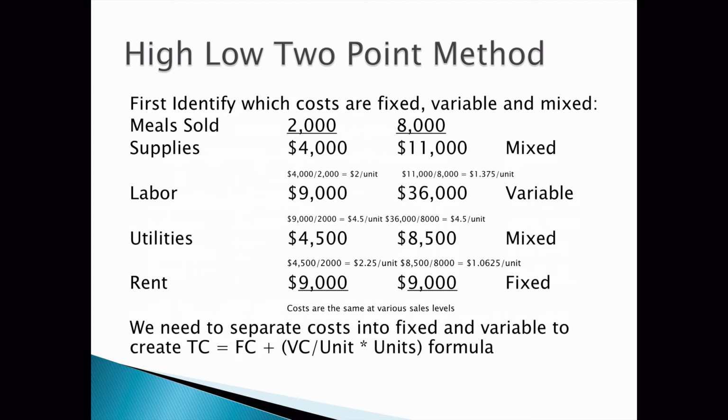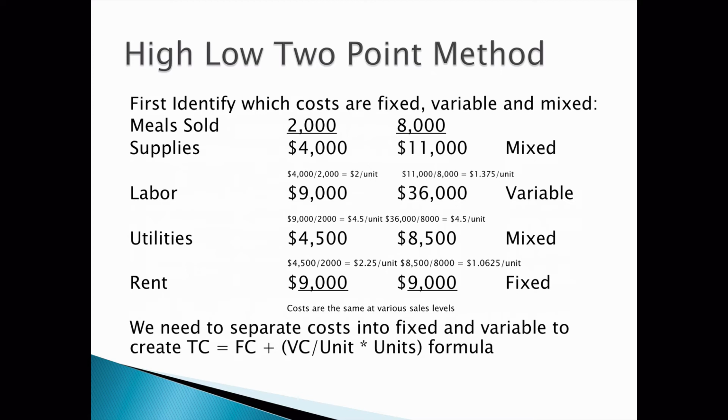And then we have labor, and labor is a variable cost. If we take $9,000 and divide it by 2,000 units, we get $4.5 per unit. And at the high month, if we take $36,000 and divide it by 8,000 units, again we get $4.5 a unit. So that's a variable cost. And then utilities is another mixed cost, and when we do the math, we get 2 different dollars per unit at different volume levels.